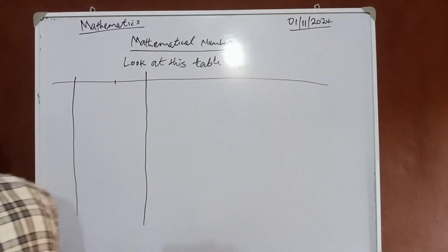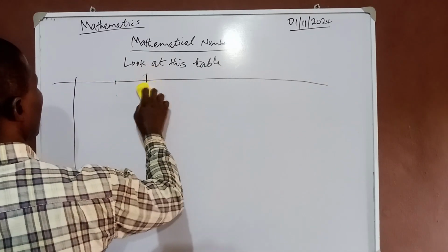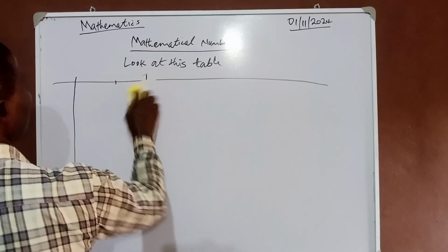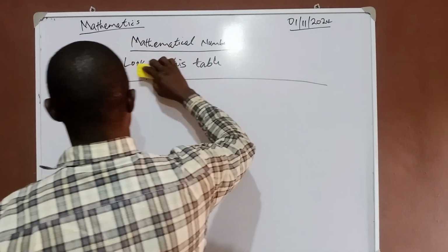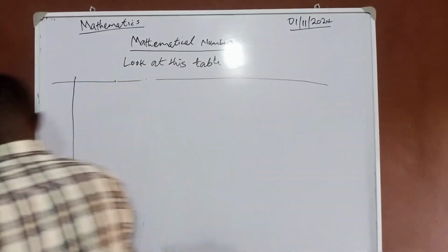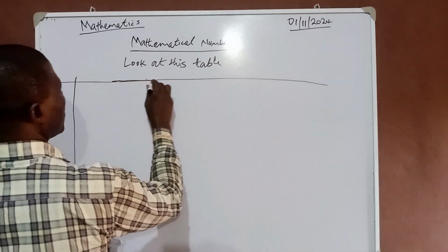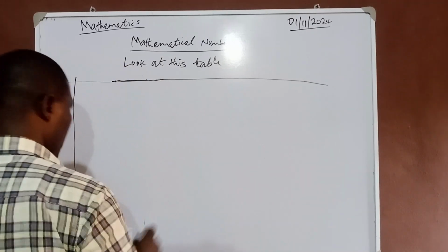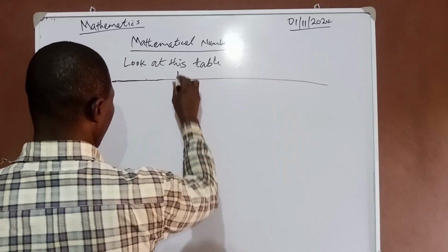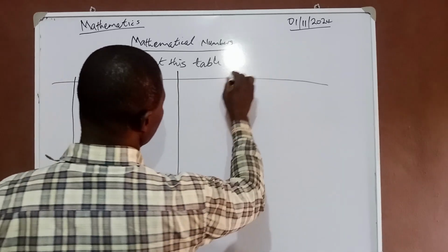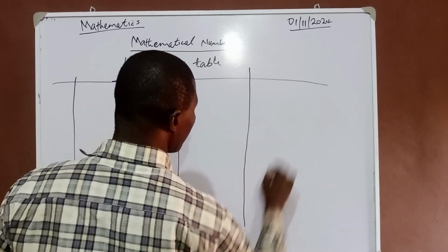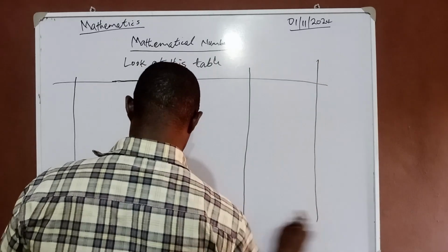We are dealing with the topic of how to count 1, 2, 3 to 1 million to 1 billion without any mistake or stress. Just watch the table.